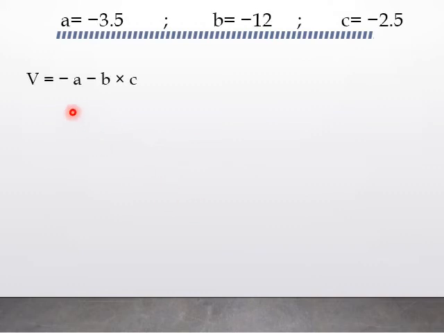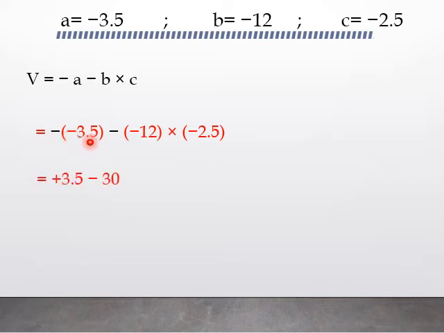V equals minus A minus B times C. Minus A is minus 3.5, B is minus 12 and C is minus 2.5. I wrote the given values above. So here, minus minus is a plus 3.5. Minus minus minus, an odd number of negative signs, so it will be negative.